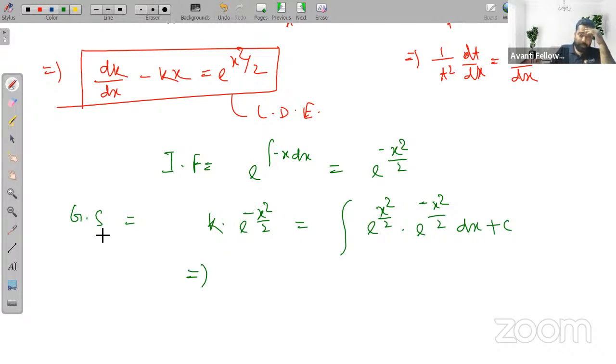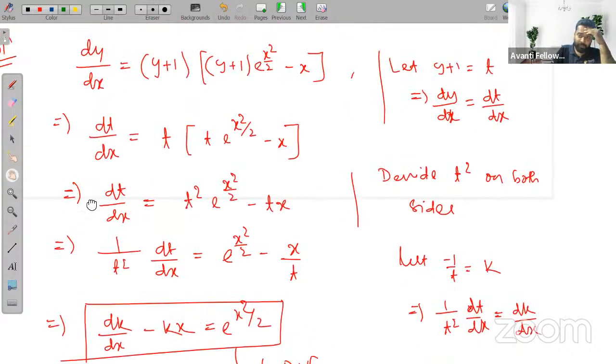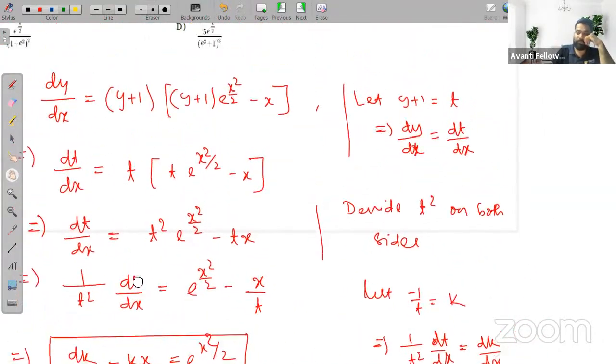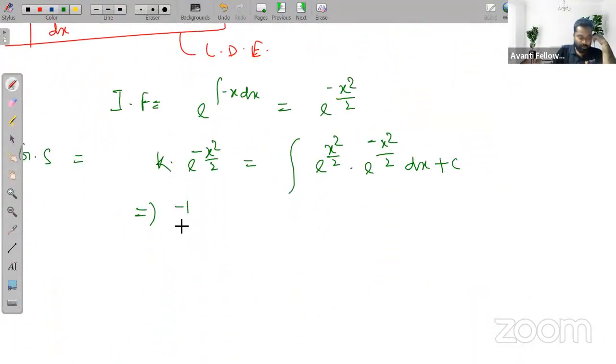in place of k we can substitute here minus 1 by t, and in place of t we can substitute here y plus 1. So minus 1 upon y plus 1 is equal to, this becomes e raised to minus x square by 2, this becomes x plus c, right?